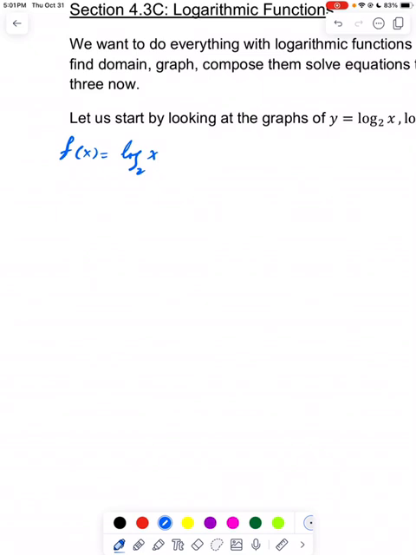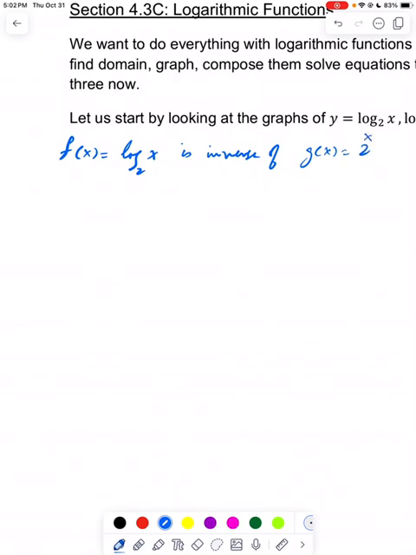You can think of it as the inverse function because it is the inverse function. So if you think in terms of the exponential function, this function is the inverse of g of x equals 2 to the x.